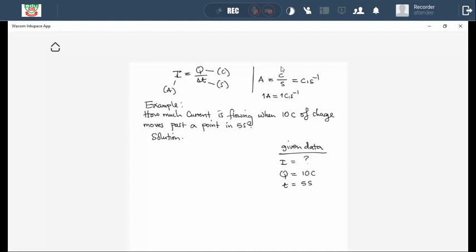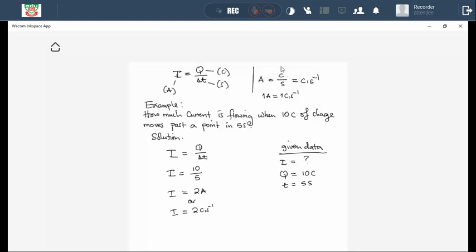So which formula do I have which connects these three variables together: current, charge, and time? Yes, I do have the formula which says current is equal to charge over time. So current is equal to my charge, 10, over my time, 5. Therefore current is equal to 2 ampere. Or if you want to use the other units, you can say current is equal to 2 coulomb per second.